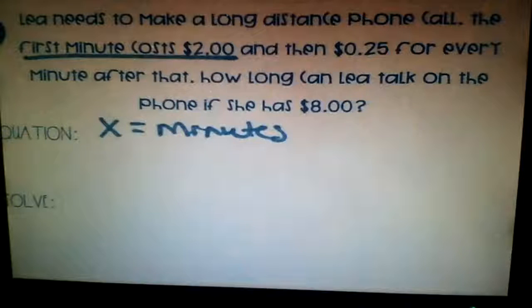So, how many minutes is she getting charged 25 cents for? 19 of them. She's not getting charged for all 20. Well, if X represents all of the minutes, I actually need to use X minus 1. Does that make sense? If not, tell me. We can talk through it again.